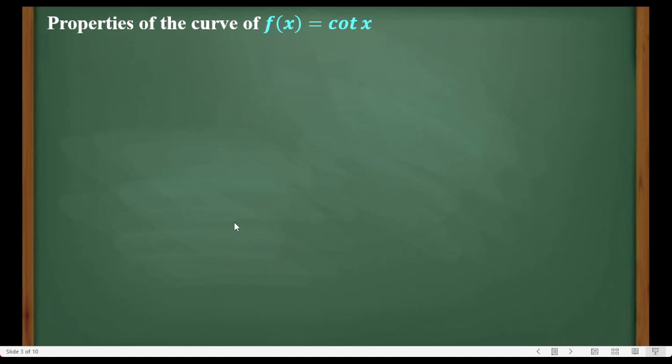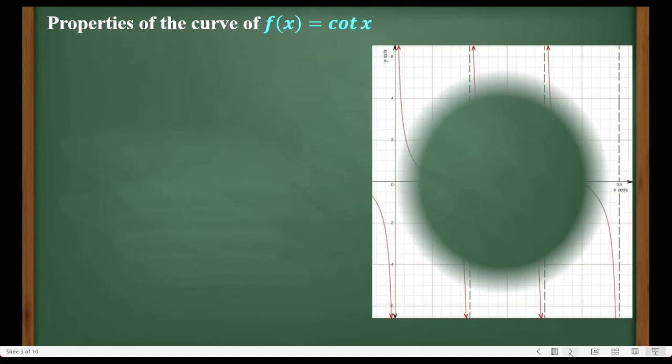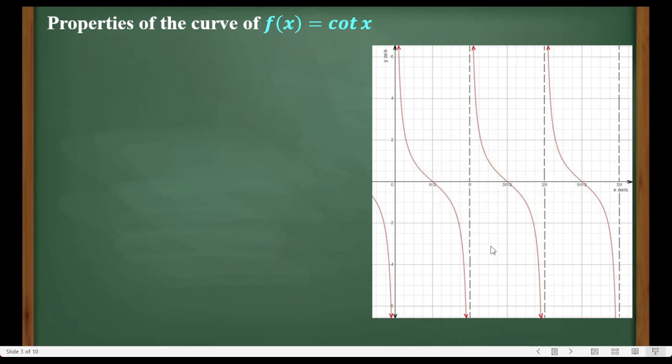Particularly when it comes to the properties of this function, f of x equals cotangent of x. So I'm going to present the illustration of the curve or the graph of cotangent of x. And the properties are the following.